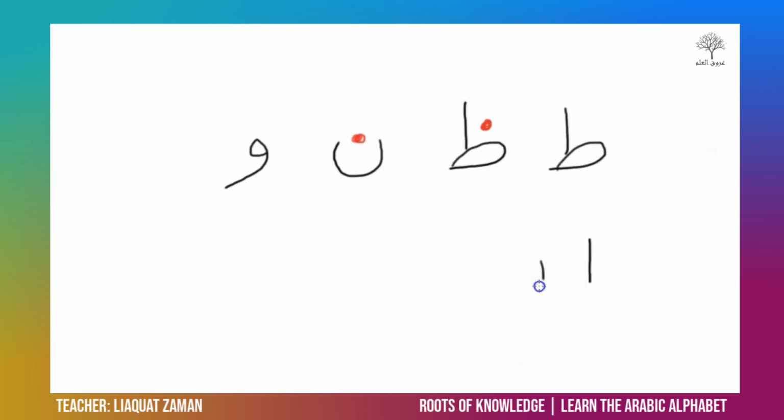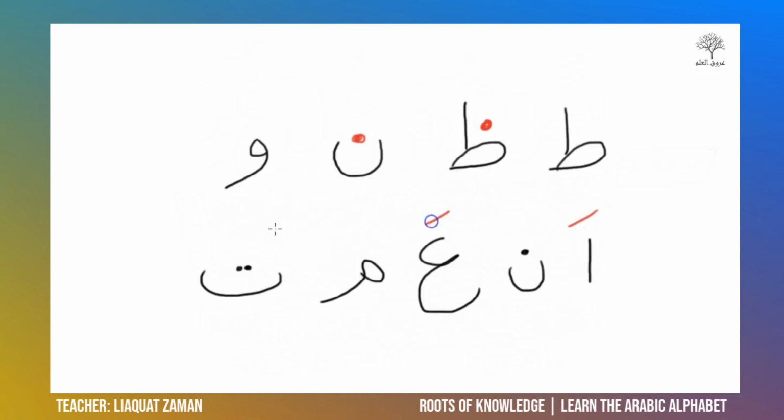Okay, let's have a go at some more letters. We have an alif there, a noon there, an ayn there, a meem, and a ta. Right, so let's put some vowels on there. Okay, some fathas.